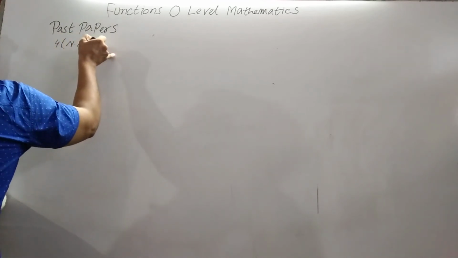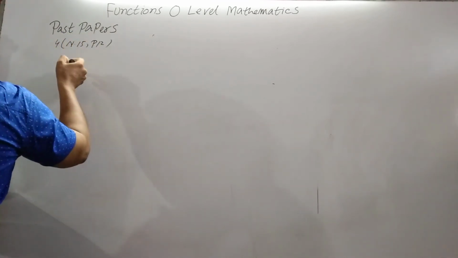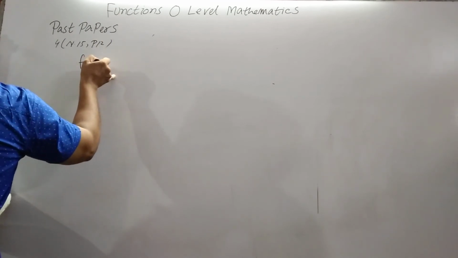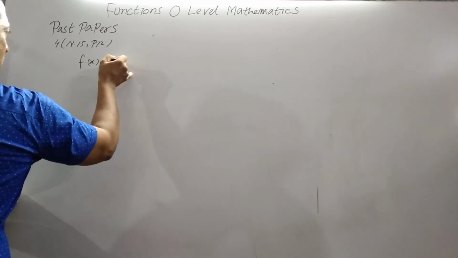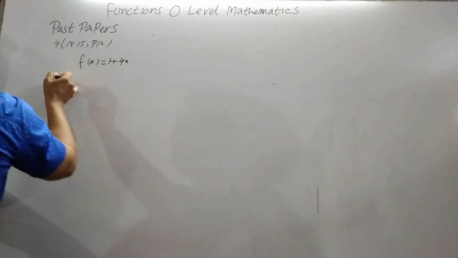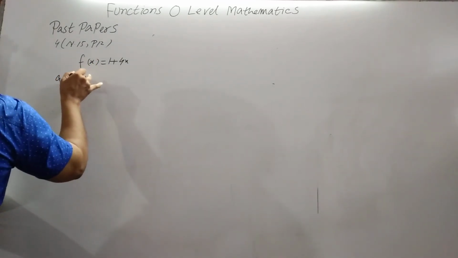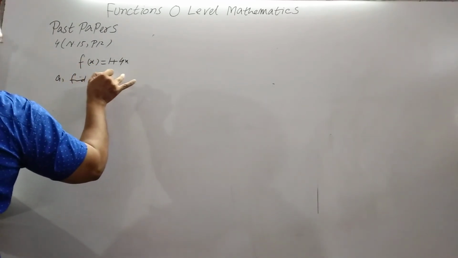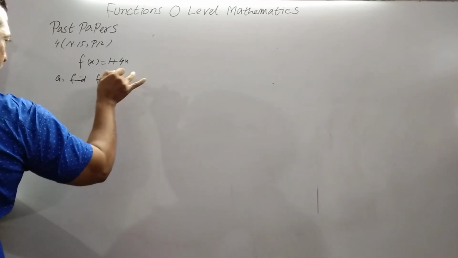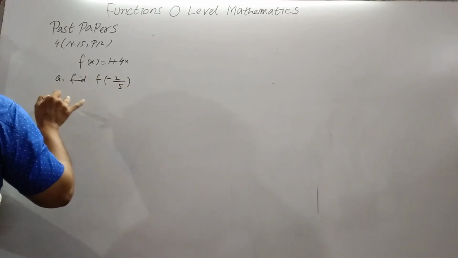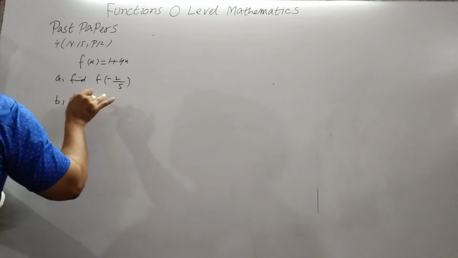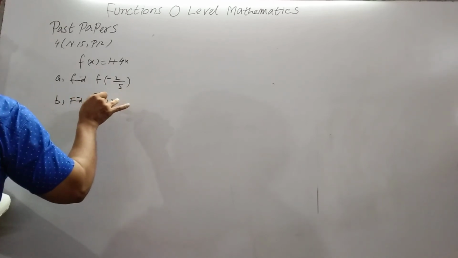And the question is f(x) equals 1 plus 4x. Part A, find f of minus 2 over 5. And part B is find f inverse x.